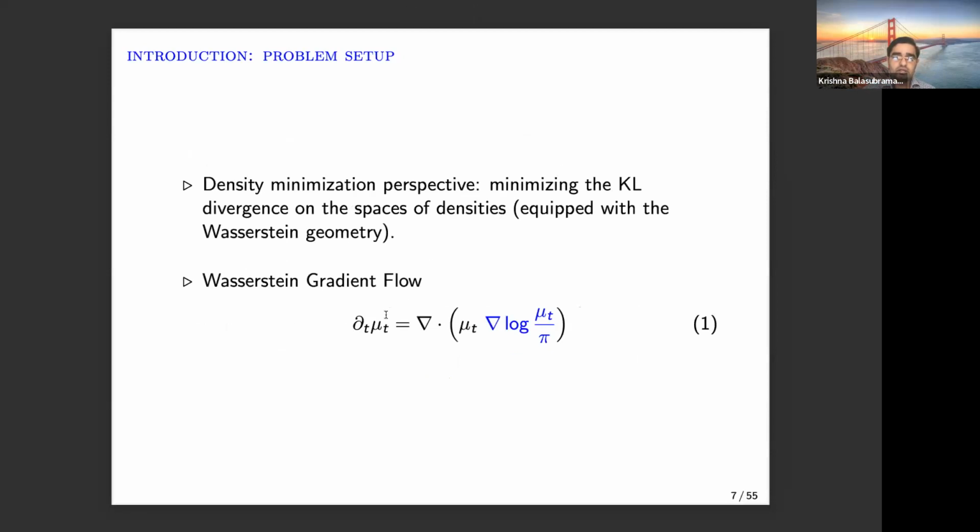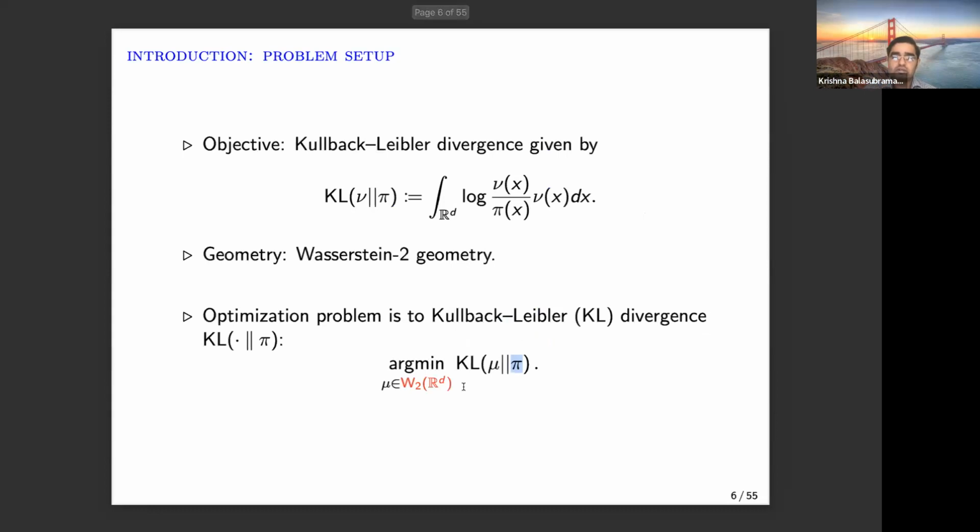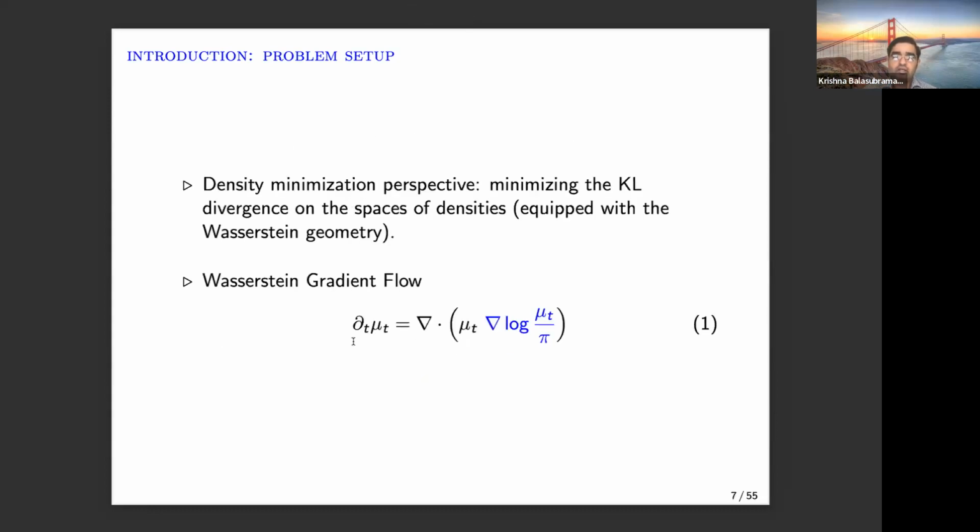Based on this, we have a natural analog of gradient descent. For example, if you have a Euclidean optimization problem, the first algorithm one could think of is gradient descent. You take the negative gradient and go in the direction of that, right? If you do the continuous version of it, you have the Euclidean gradient flow. The natural analog of gradient descent for solving this optimization problem in continuous time is what is called the Wasserstein gradient flow, right?